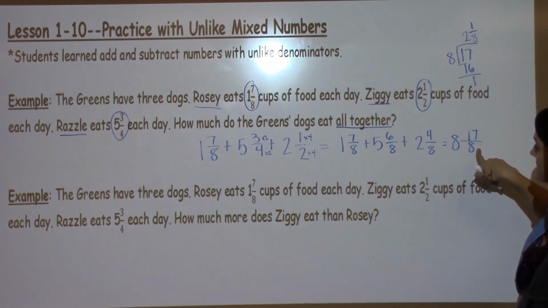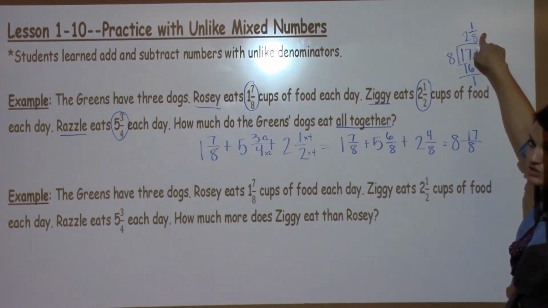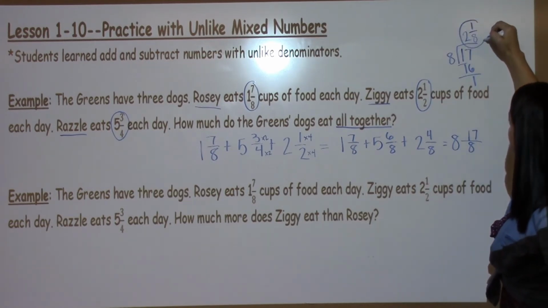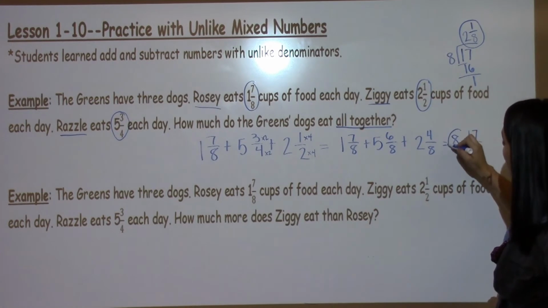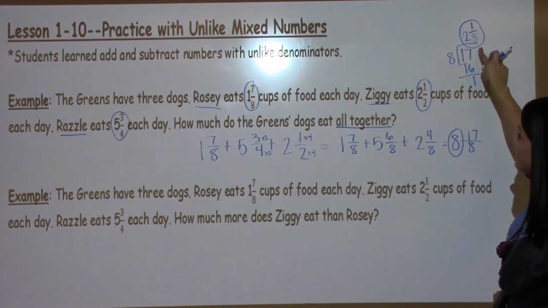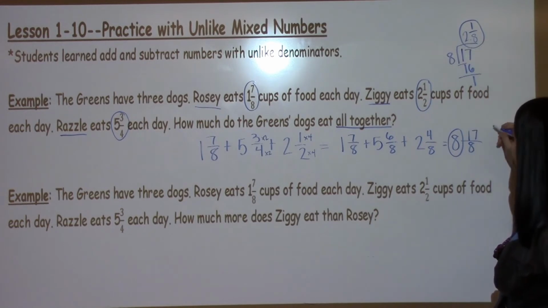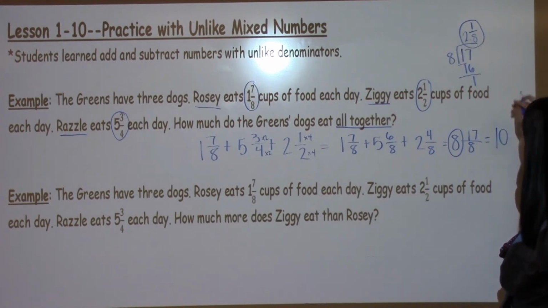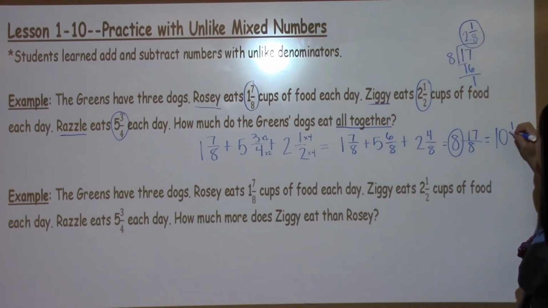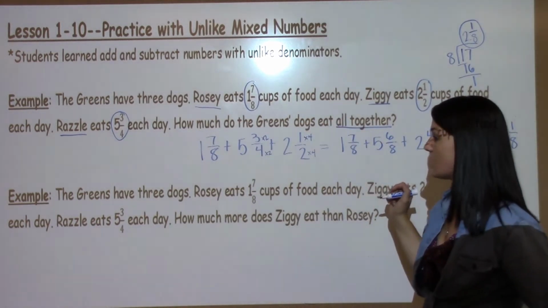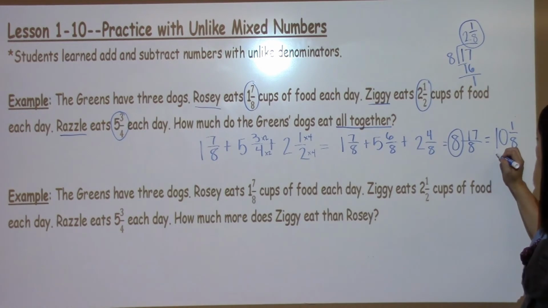So 17/8 is the same as 2 1/8. So now I just have to take this answer and my whole number 8 and put them together to get my final answer. 8 plus 2 is 10, and my fraction piece is 1/8. So all of the Greens' dogs all together eat 10 1/8 cups of food.